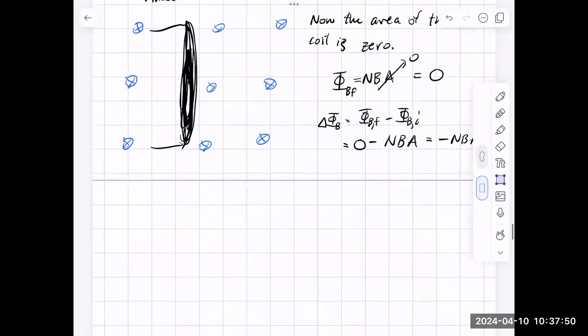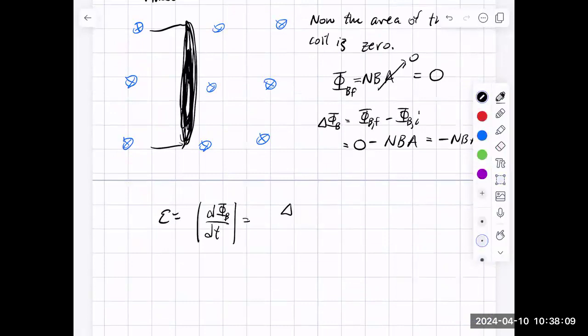All right, so we know that the induced EMF, by Faraday's law, is the time derivative of the magnetic flux, which I'm just going to write as the change in magnetic flux divided by the change in time. And we've already calculated the change in magnetic flux. I don't care about the sign.